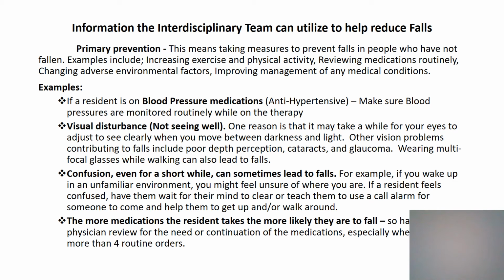Any activity that involves movement and muscle and exercise is going to help them keep the muscle strength so they're able to move more freely. Always review medications routinely. Any changes may cause a problem, so we want to make sure that the adverse effects of, say, a new medication, increase in medication, or an add-on medication aren't going to increase the risk factors.